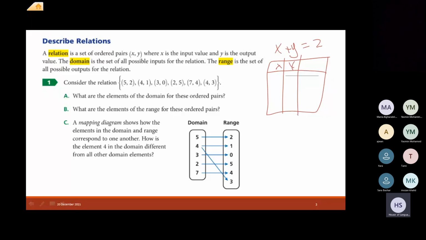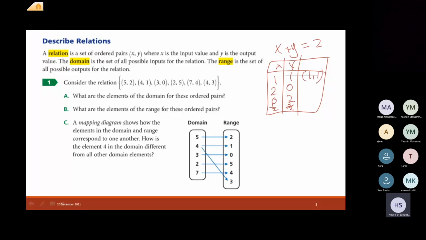If x is 1, y is 1. If x is 2, y is 0. If x is 0, y is 2. If x is half, y is 3/2, and so on.